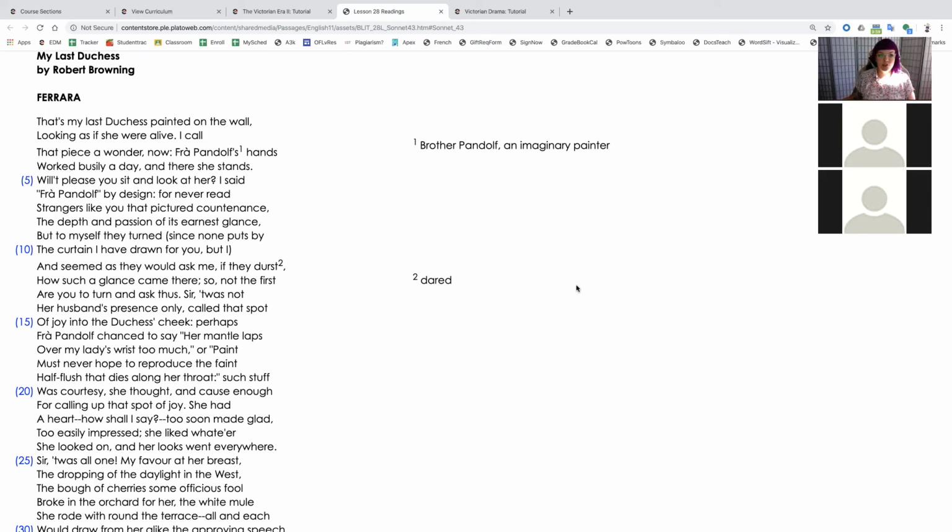Okay, My Last Duchess by Robert Browning. That's my last Duchess painted on the wall, looking as if she were alive. I call that piece a wonder. Now, Fra Pandolf's hands worked busily a day, and there she stands. Will't please you sit and look at her?